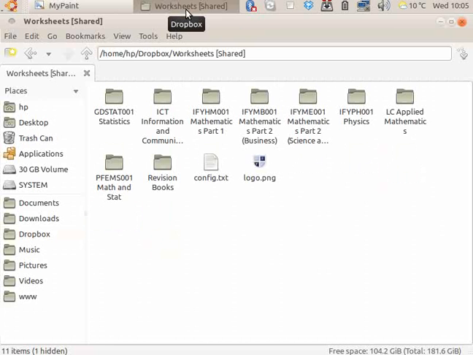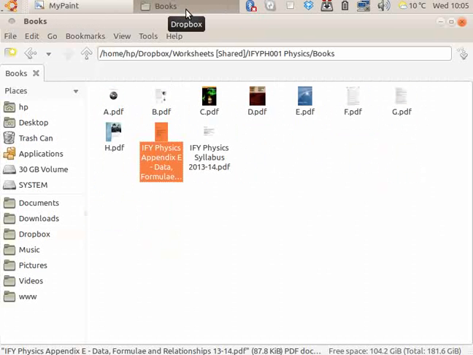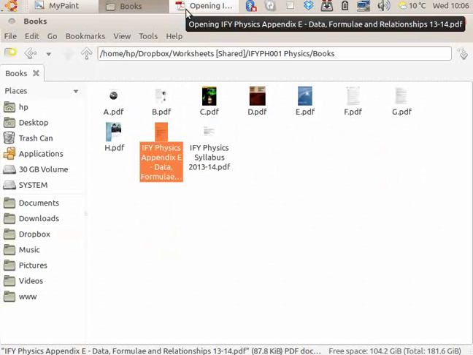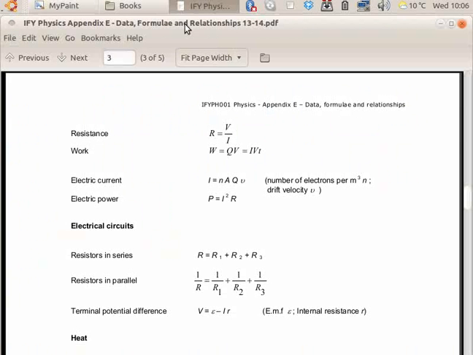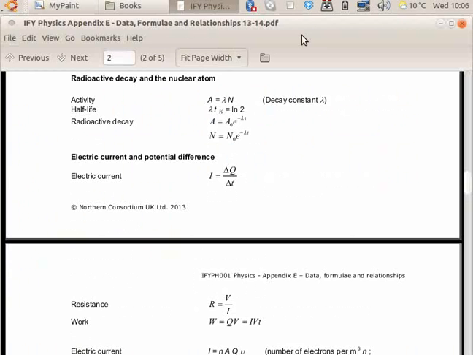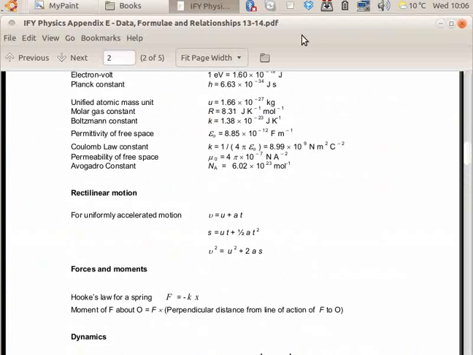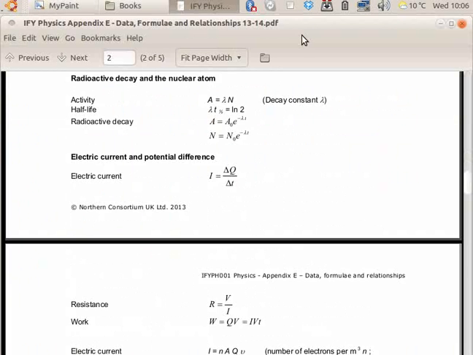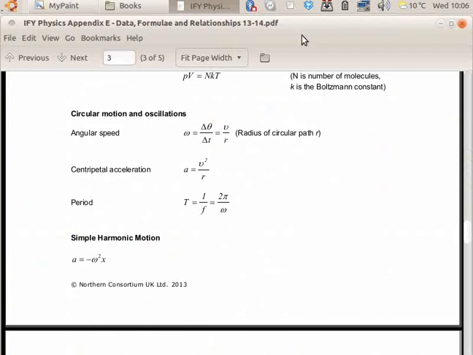This formula book is on Moodle as well. Now, you can see the formulas, constants, heat, there we go, circular motion. There's all the formulas there.